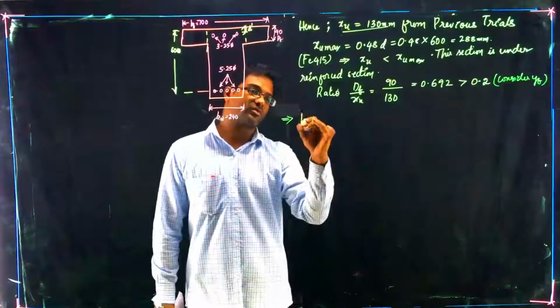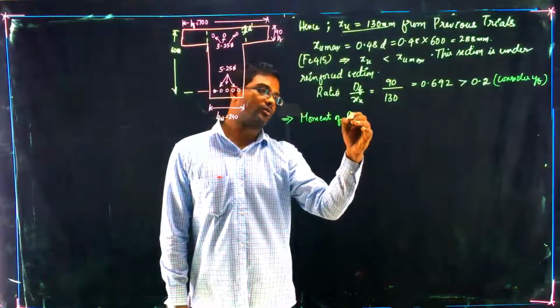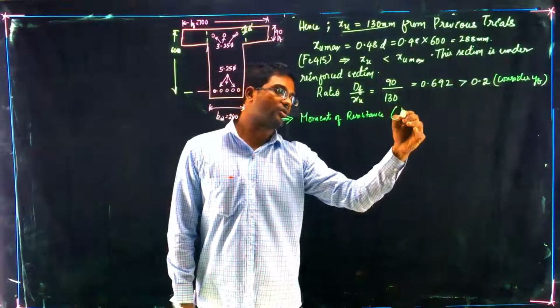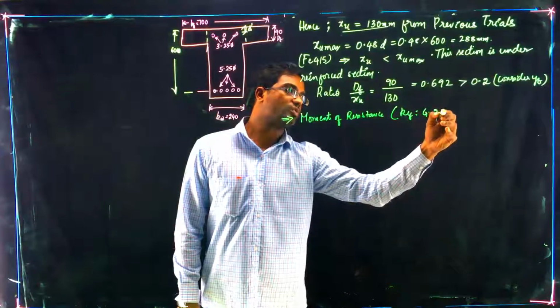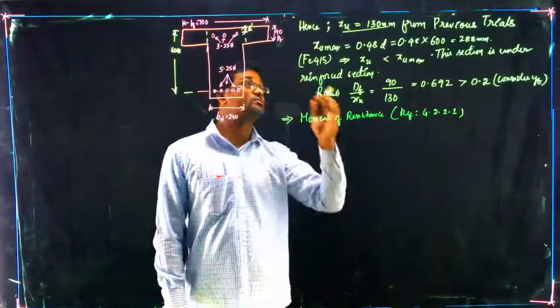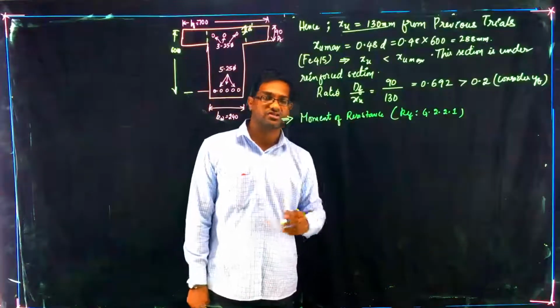Moment of resistance is now given by, referring to clause number G2.2.1, where we are not taking XU max but taking XU because it is an under reinforced section.